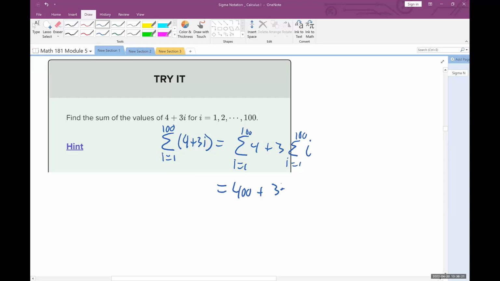We just did this one earlier, summing 1 to 100. What do we do? 100 times 100 plus 100 over 2. Okay, good. So I think it's 54 or 50. No, I forgot the times 3. 3 times 5,050. So that comes out to be 15,550.